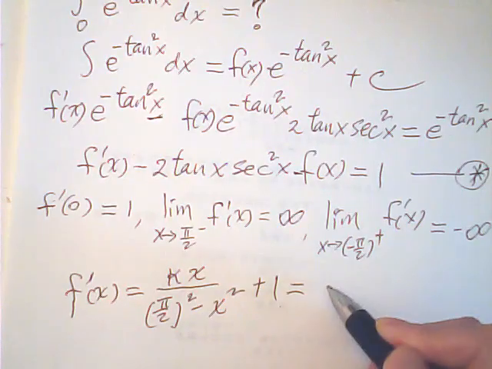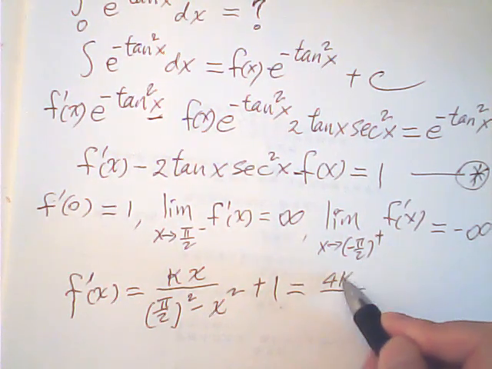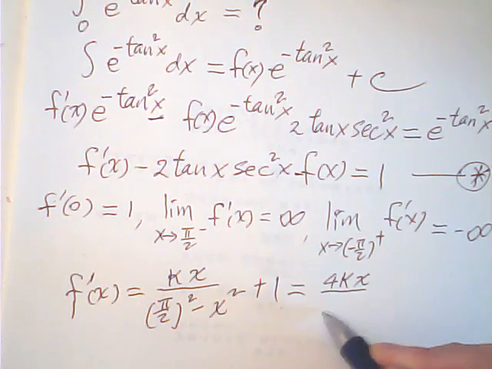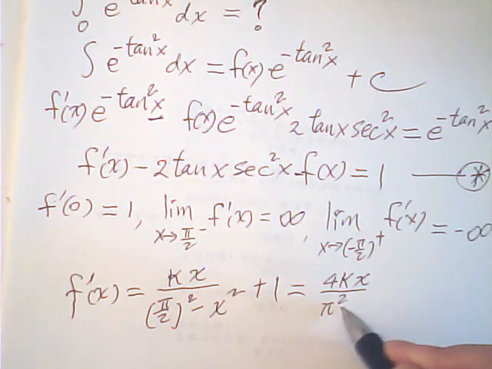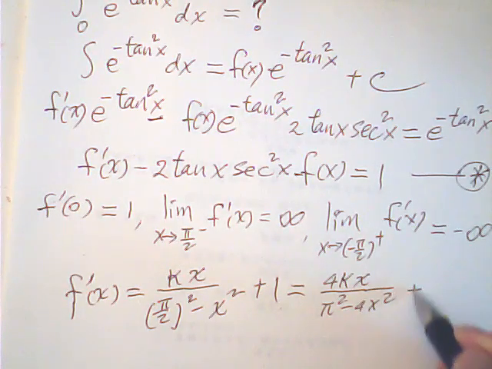Then we can simplify. This is equal to 4kx over pi square minus 4x square, plus 1.